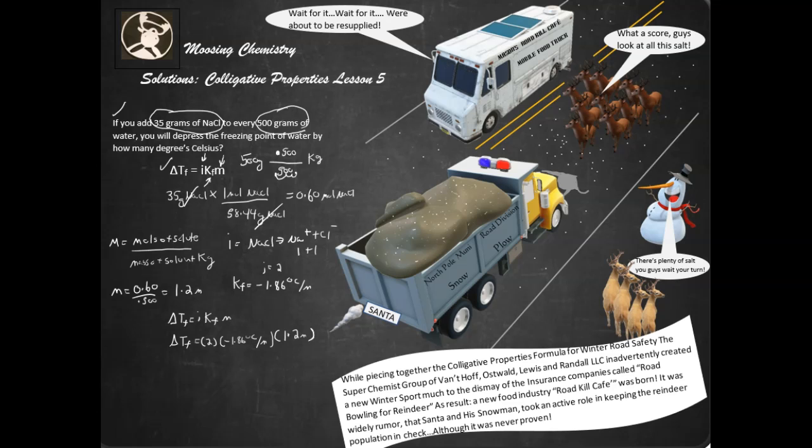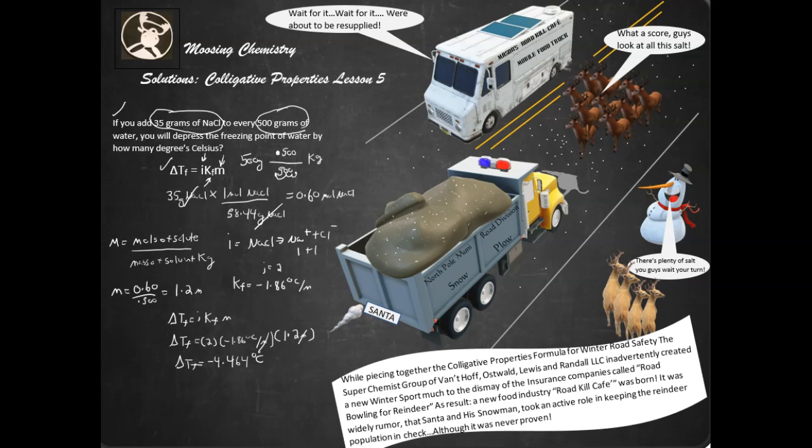Okay, so now we cancel out our m's, and when we do the math, we get our delta TF to equal negative 4.464 degrees C. So our freezing point is going to be pushed down by a negative 4.46 degrees C.